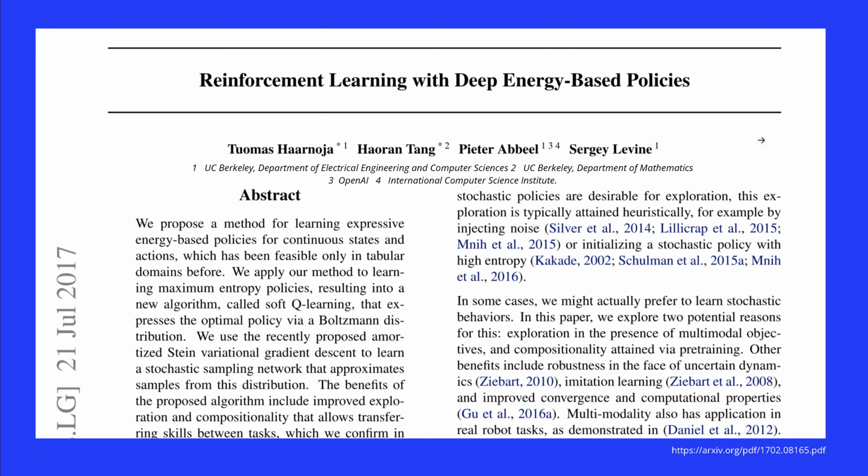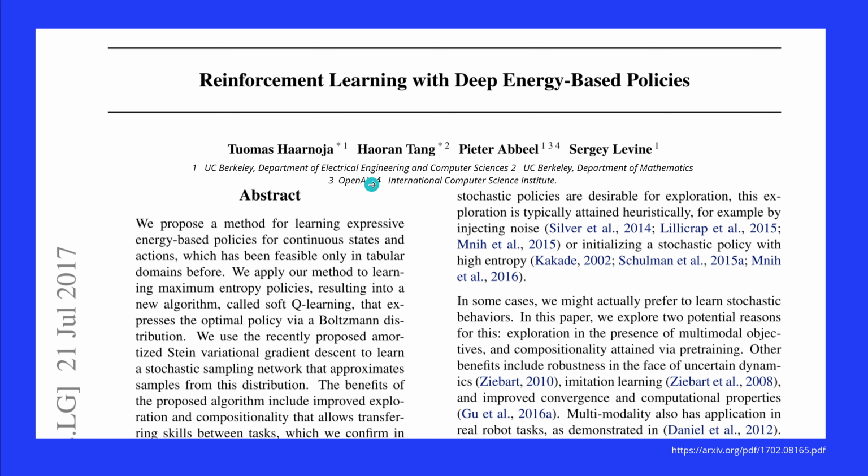To see where the Q star term originated, July 2017, we have OpenAI, writing with the University of Berkeley, Department of Computer Science, and the Department of Mathematics, and the International Computer Science Institute. They write about reinforcement learning with deep energy-based policies.